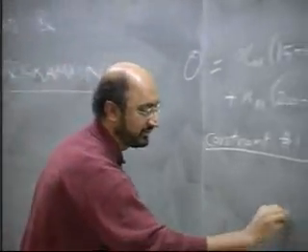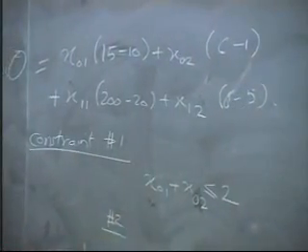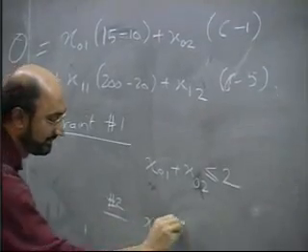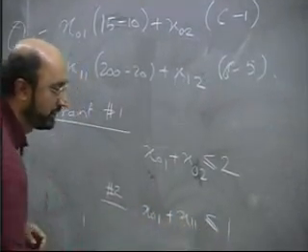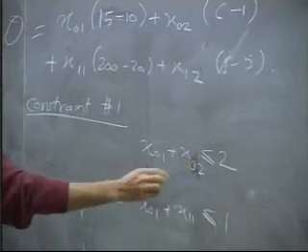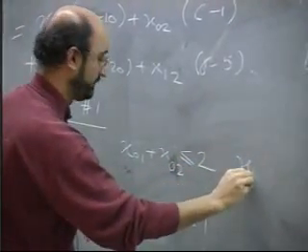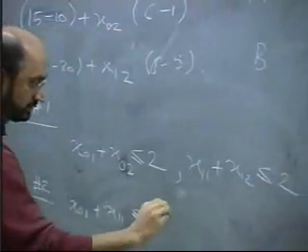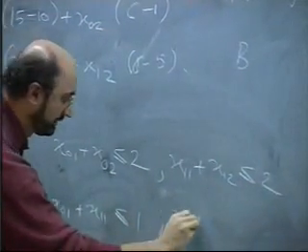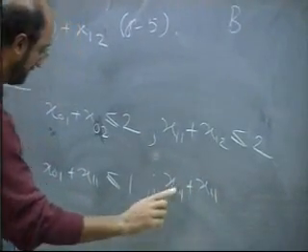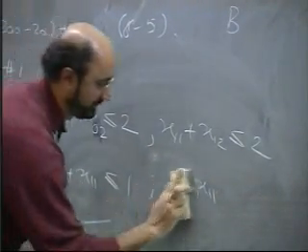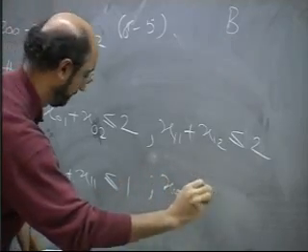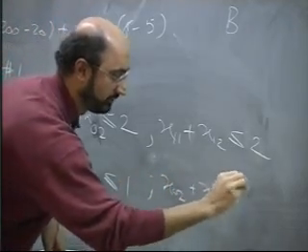And the other constraint is that at any given point in time, you can only have 1 job scheduled, which is that x01 plus x11 is less than or equal to 1. And there's another constraint similarly, x11 plus x12 less than or equal to 2, and x02 plus x12 less than or equal to 1.